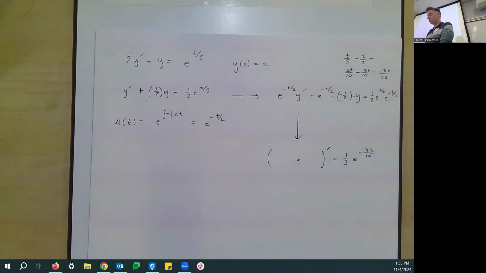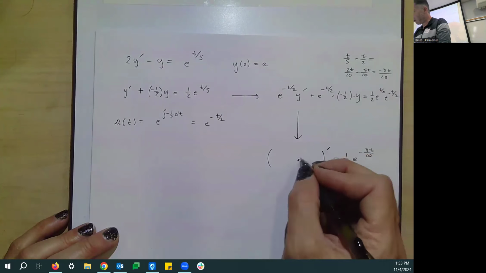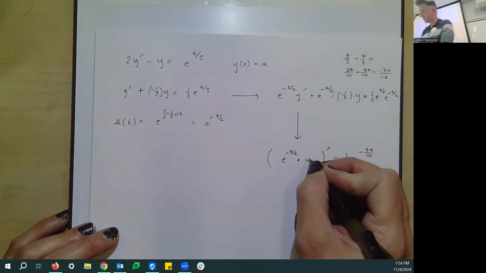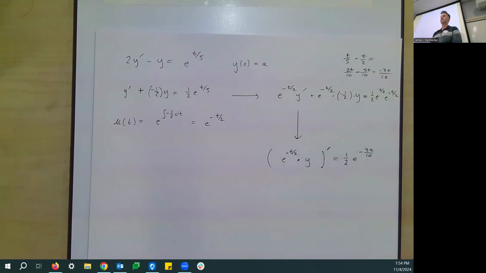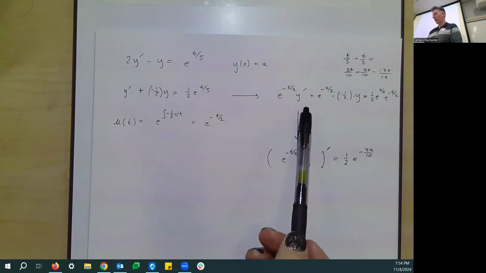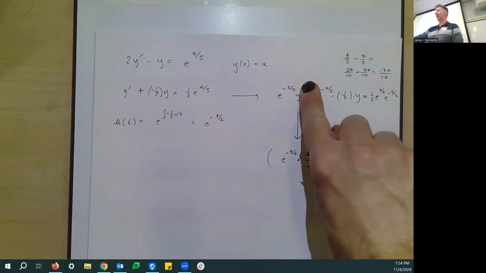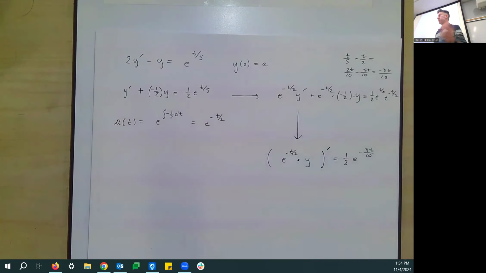The left-hand side should be the derivative of the product, e to the negative t over 2 times y. I'll say again, you can always find it by taking whatever you have multiplied by y prime and just moving the y to the outside of a parentheses that you can fill in for yourself. It always works. It's kind of a cool little fast trick, I think.